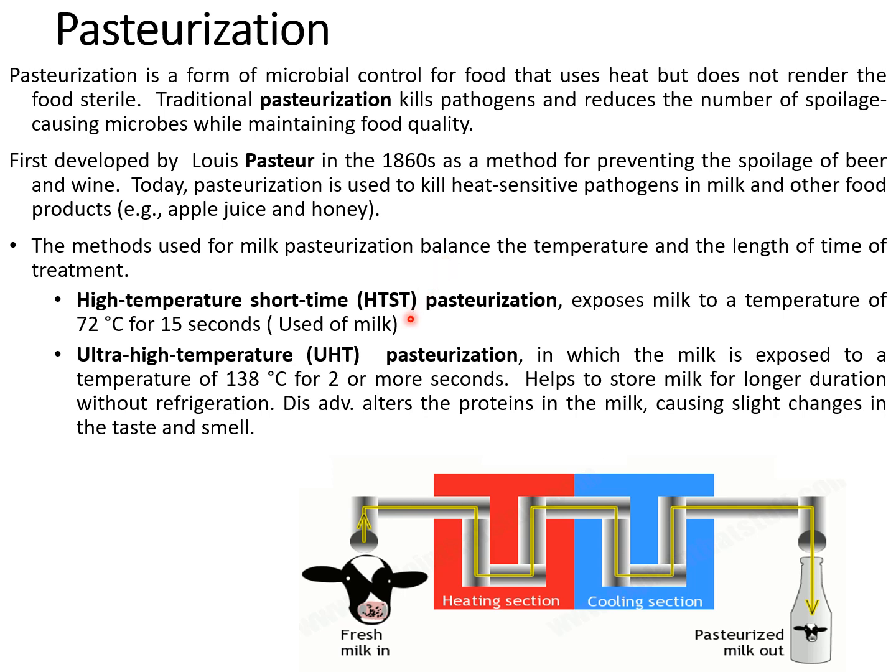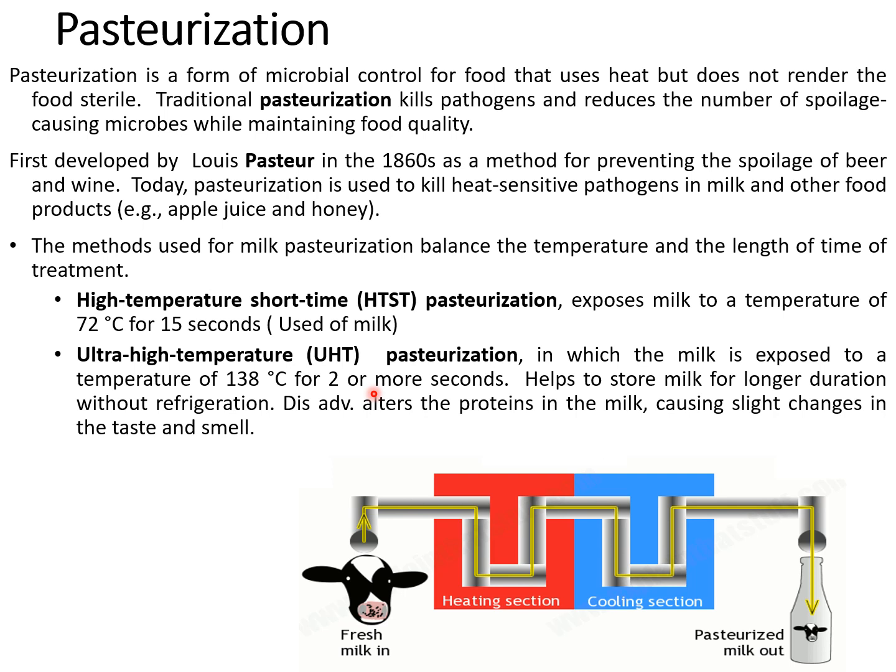The method used in pasteurization is a balance of temperature as well as the duration of time used for treatment. And here we have two types. One is high temperature short time pasteurization, or HTST pasteurization, in which the milk is exposed to 72 degrees centigrade for 15 seconds. In ultra high temperature pasteurization, the milk is exposed to 138 degrees centigrade for just 2 or 3 seconds, not more than that.